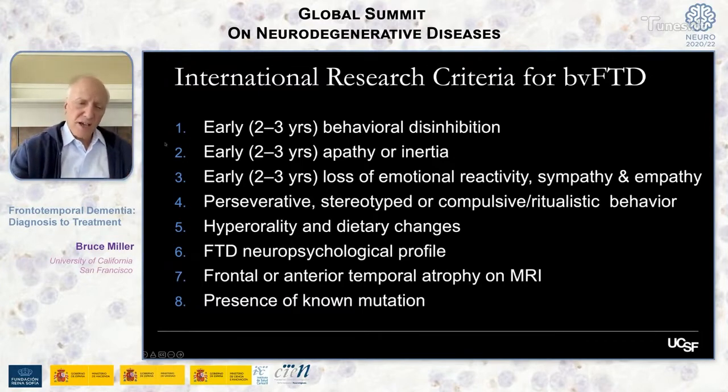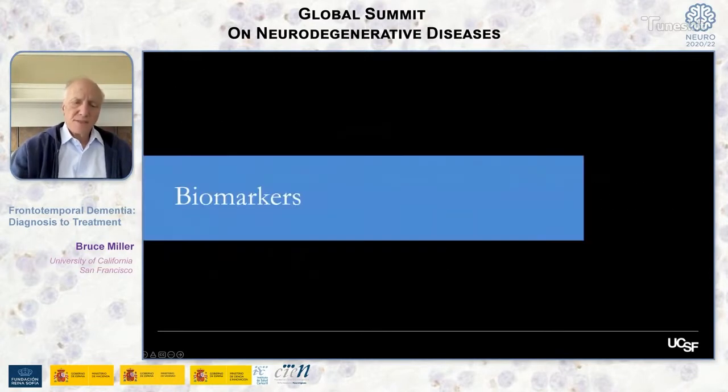Most of our cases have 5 or at least 4 of these 6 criteria that make possible. If you want probable criteria, you require evidence of atrophy on the MRI or hypometabolism with PET. To get a definite diagnosis, you require a known mutation in addition to possible criteria.